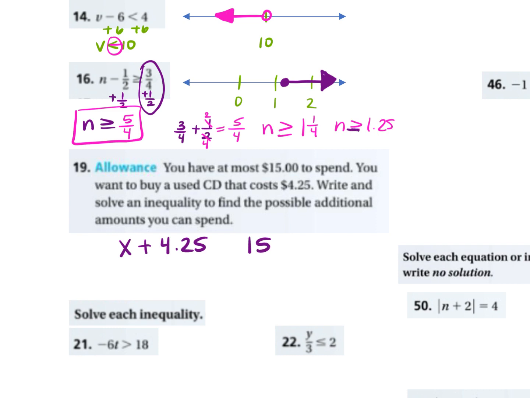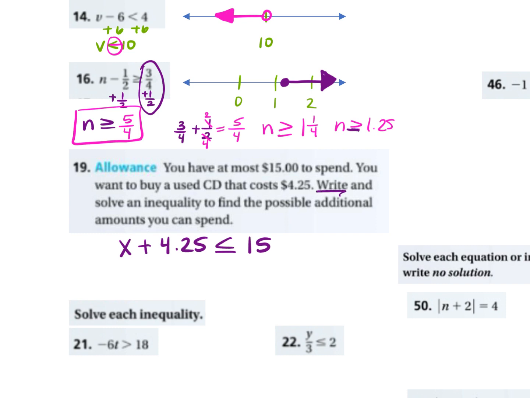You got to really stop and think about what this means. This amount, whatever you spend, has to be less than or equal to 15 because you can't spend any more than 15. Okay, so this amount is less than or equal to 15, and then you solve it.